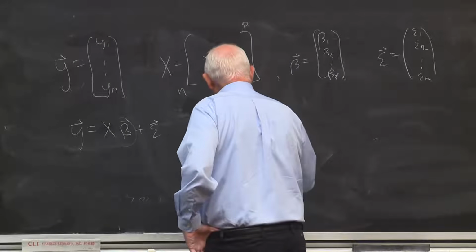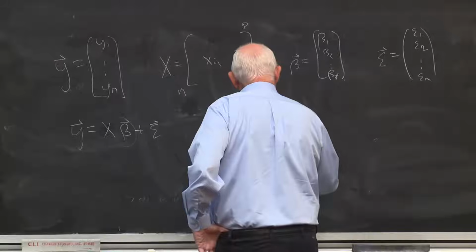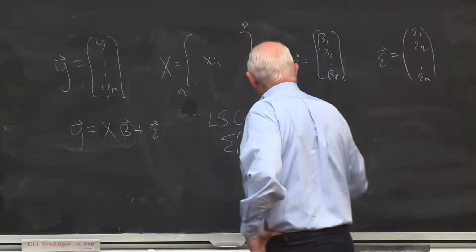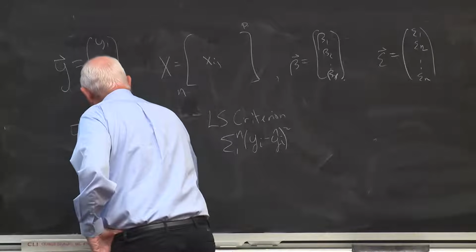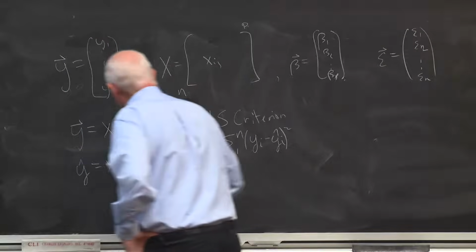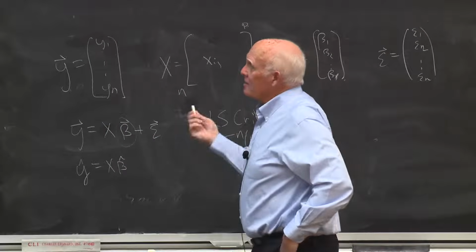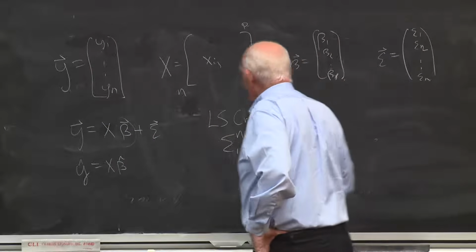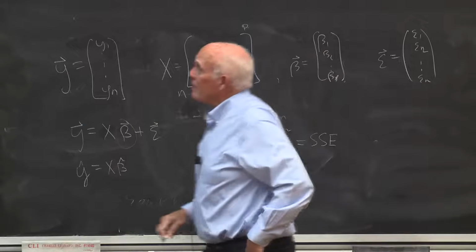We can look at the sum from 1 to n of yi minus y hat i, where, say, y hat is equal to x beta hat. And this criterion is basically a sum of squares criterion. So it's like a sum of squared errors.